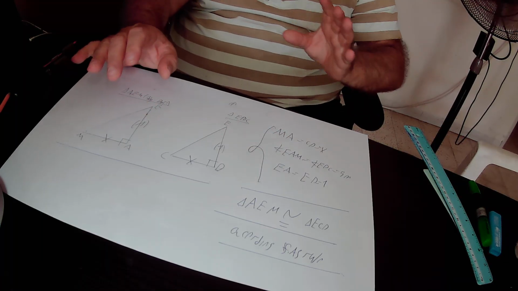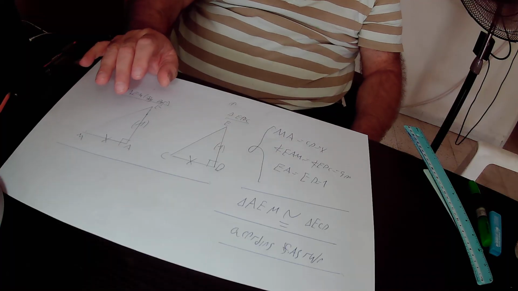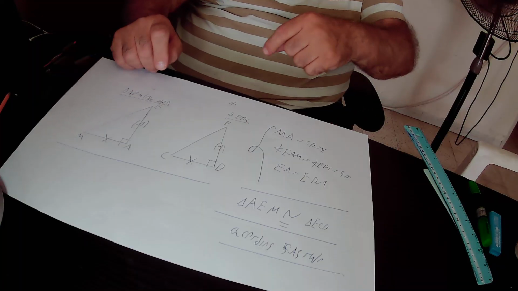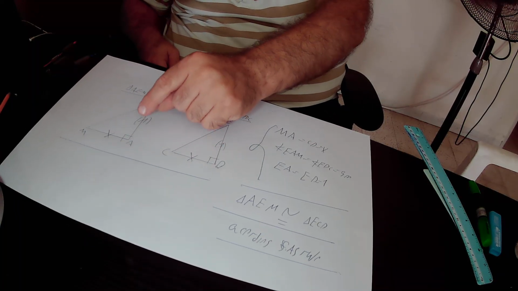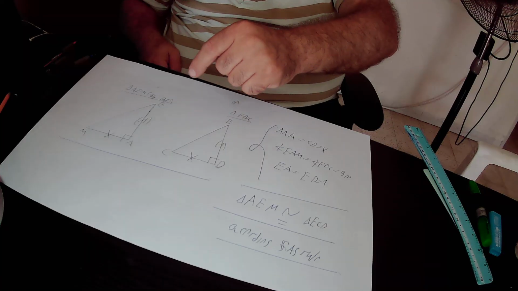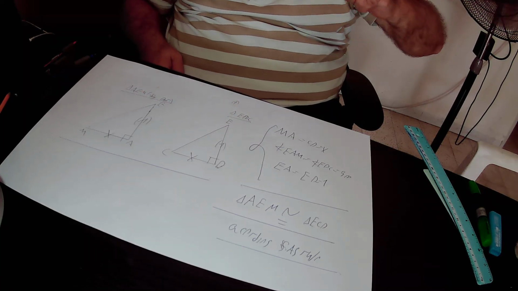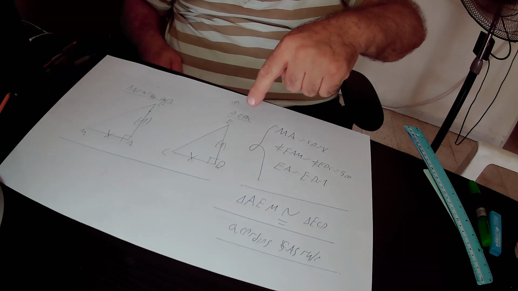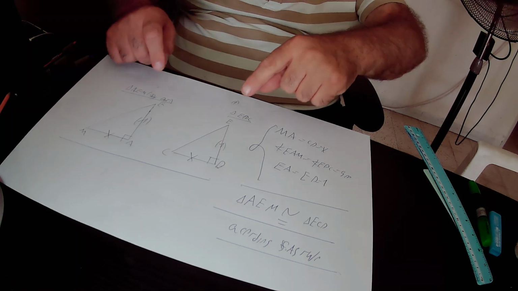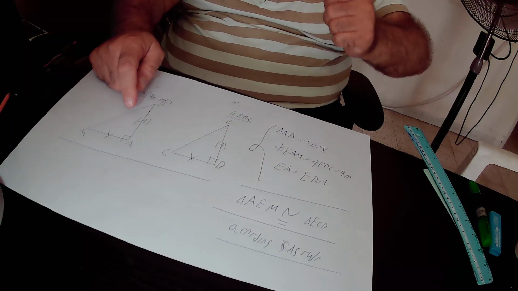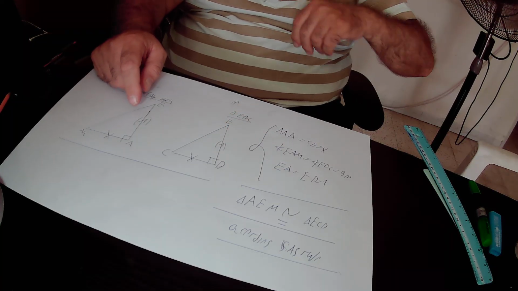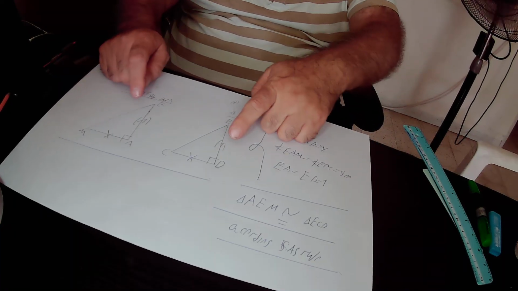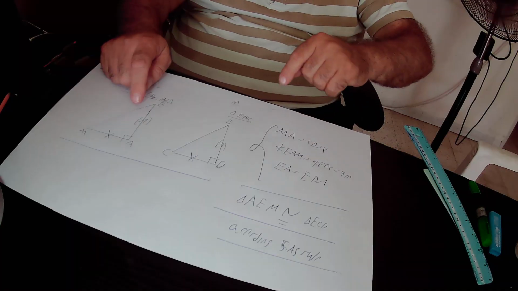So we found out that those two right triangles are congruent to each other according to the side-angle-side rule. That is to say, those two sides and the angle included between those two sides in the right triangle EAM correspond equally to those two sides and the angle included between those two sides in this right triangle EDC. And therefore, those two triangles are congruent according to the side-angle-side rule. And from the fact that they are congruent, we derive that they also have the same areas.